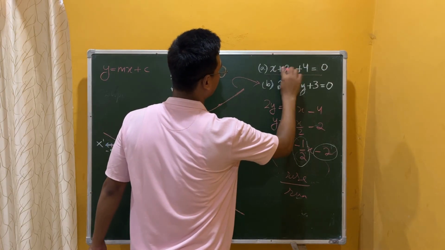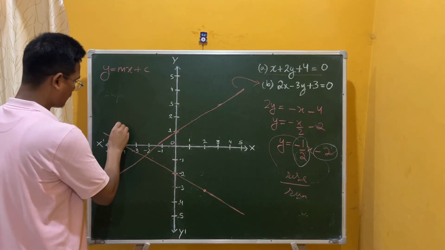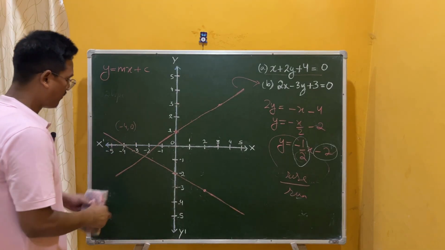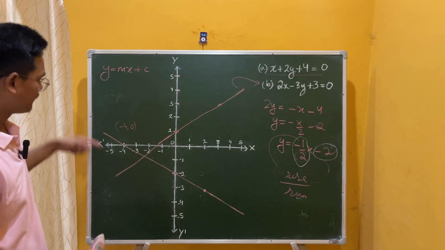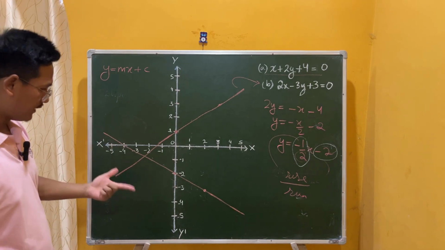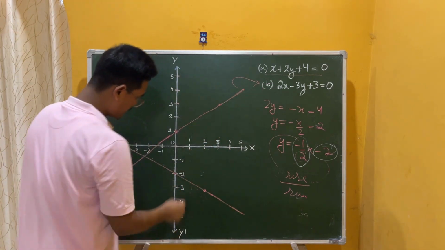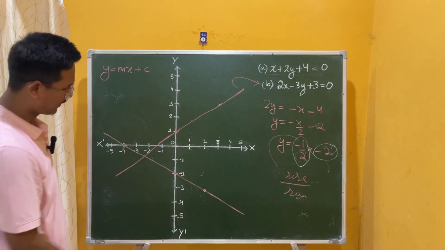Solving this equation, I get x equals minus 4. So minus 4 comma 0 is the point where the line intersects the x-axis. That's how I figured it out in my graph. In your graph you don't have to do this. You just find the 2 points and draw the line, and it will exactly pass through this point.